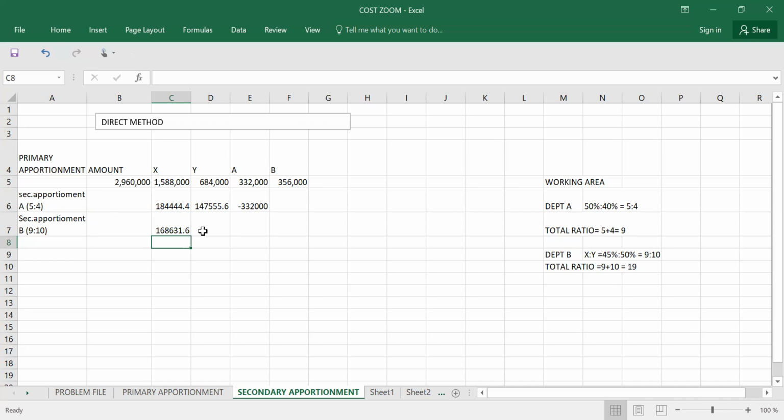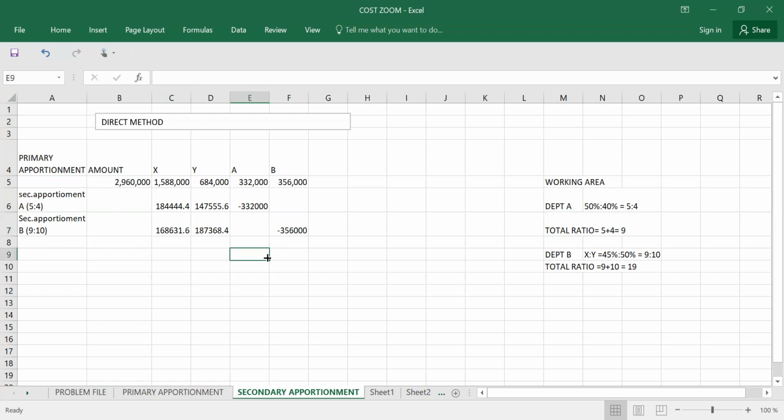Then when we come to Y, we do the same. Y is taking 10 divided by the total ratio, which is 19, multiplied by the same cost, and we get that. Again, this is going to be minus, because we have distributed it. We have transferred it, 1, 2, 3.